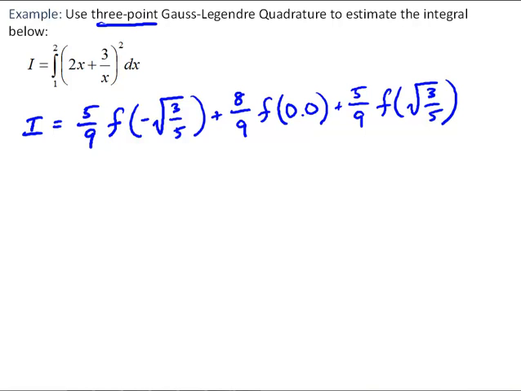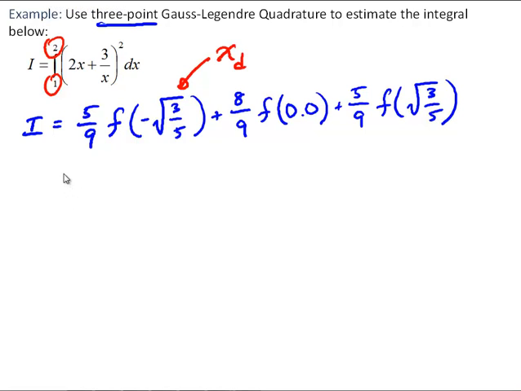So that's our formula, but we can't just plug in the square root of 3/5 in here because the limits are from 1 to 2, and remember this is going to be our shifted xd variable that we plug in. So we need to figure out this new equation in terms of xd. So to do that, let's set up that linear system.